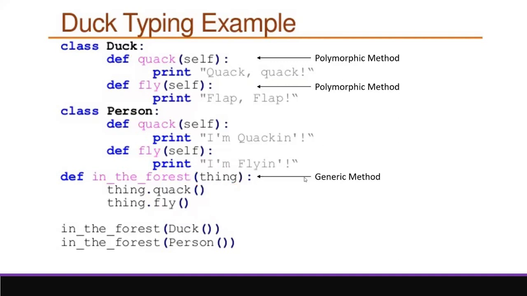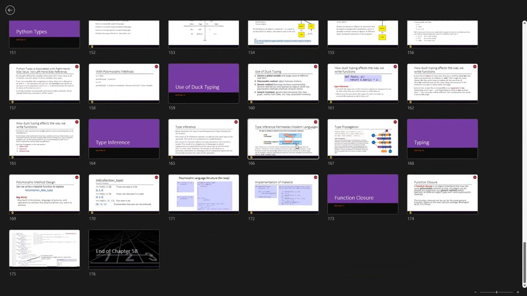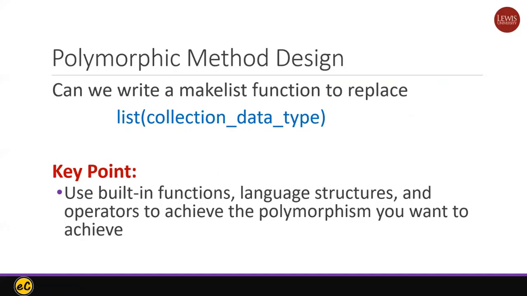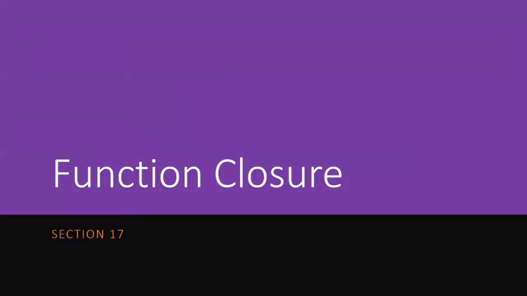But in Java, we know what type it is because Java's draw function will be drawable. It must be a drawable type to be able to draw. So that's why we call Java static typing, and Python is dynamic typing. So typing is determining the data type, and Python determines the data type at runtime.